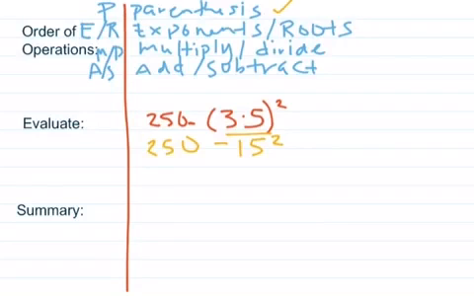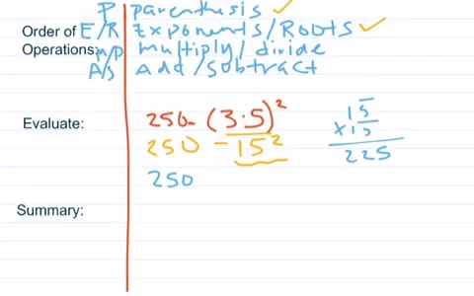So I did my parentheses. Next step, exponents and roots. I don't have any roots, but I do have exponents. So 15 times 15 is going to give me 225. So 250 minus 225. Now I just have straight subtraction, and 250 minus 225 gives me 25.